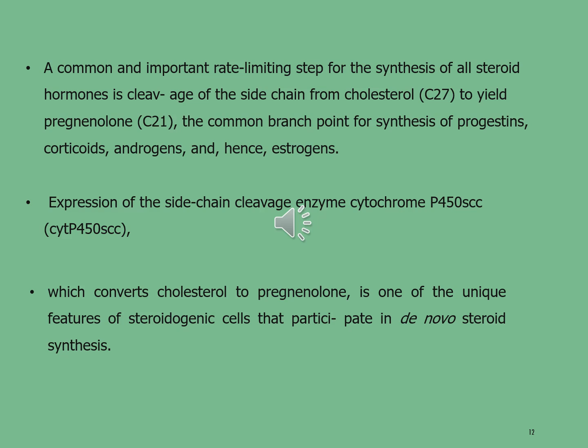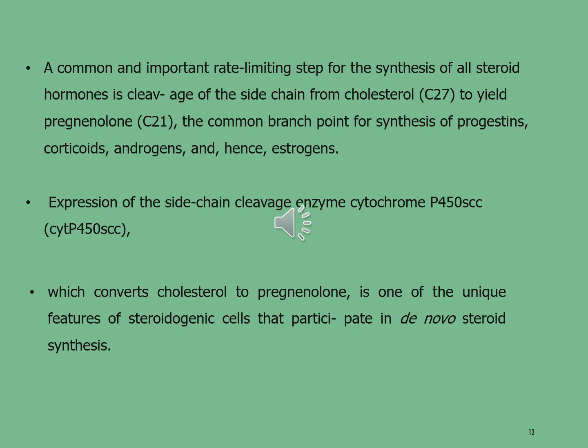It means that first of all pregnenolone is synthesized from the cholesterol molecule by the cleavage of the side chain of cholesterol, and after that all other hormones, that is progestins, corticoids, androgens, and estrogens, are derived or synthesized from pregnenolone, that is carbon 21.